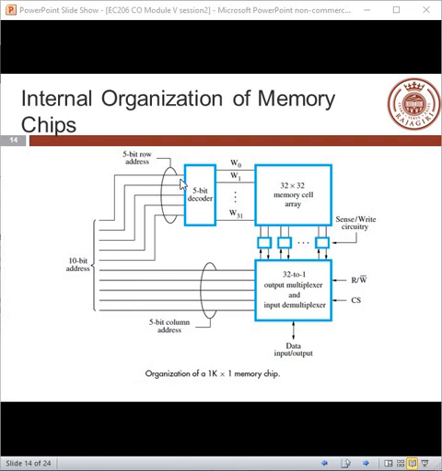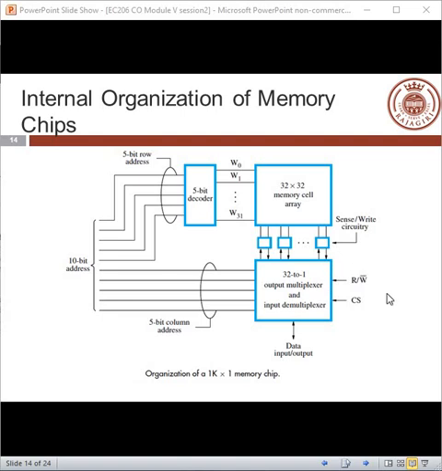We need 5 bits at the decoder input, 5 bits at the multiplexer select, so total 5 plus 5, 10. Then our output or input will be only 1 bit at a time, so 10 plus 1, 11.